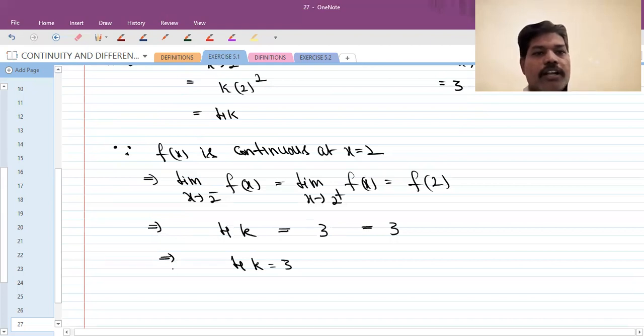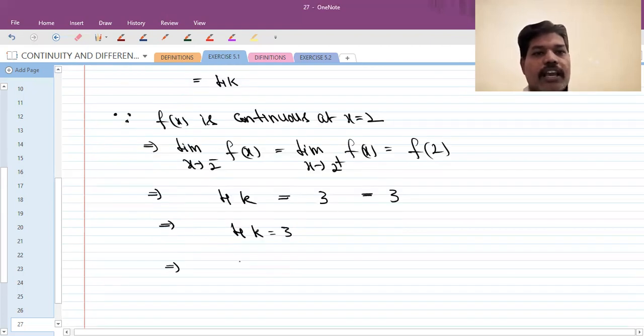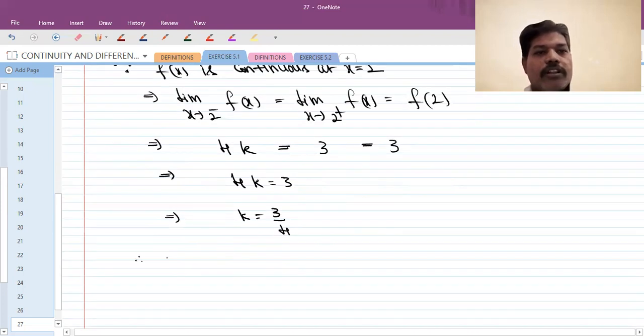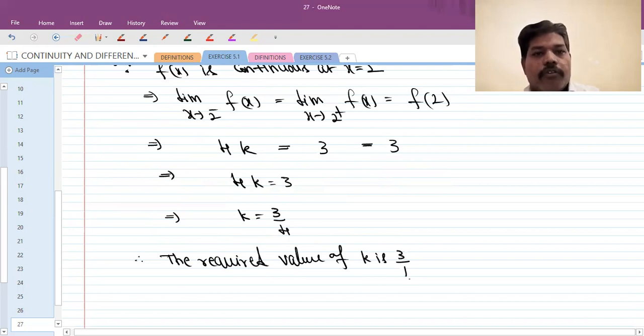That implies k is equal to 3 by 4. Therefore, the required value of k is 3 by 4.